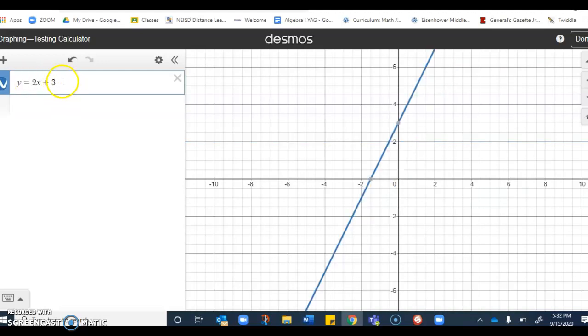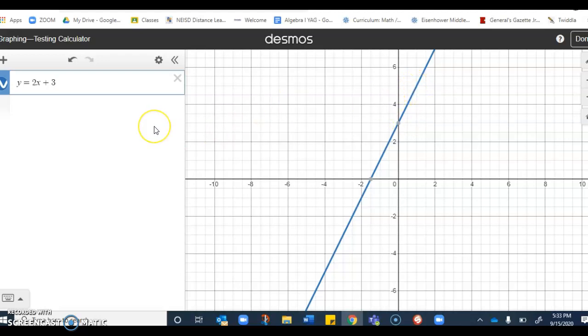Okay, if you notice, my b is 3, so my line should be touching the y-axis at 3, which it is. And my slope is 2, so that means that I should be going up 2 to the 4 to the 5 and over 1 time. And I should be landing at a good point on my line.